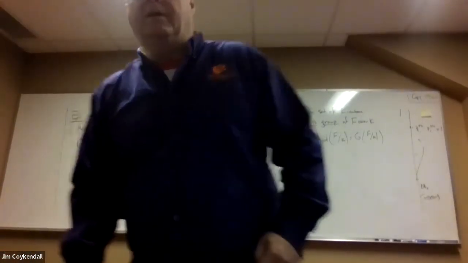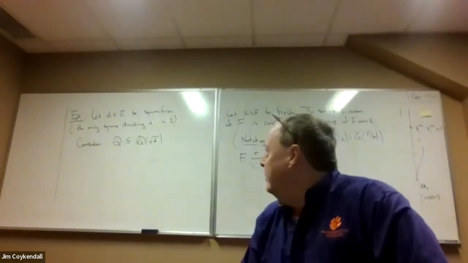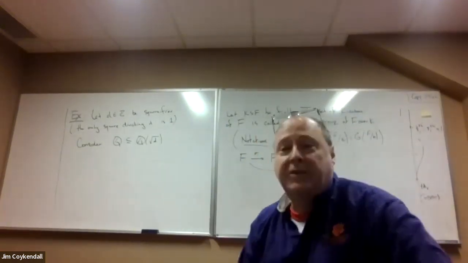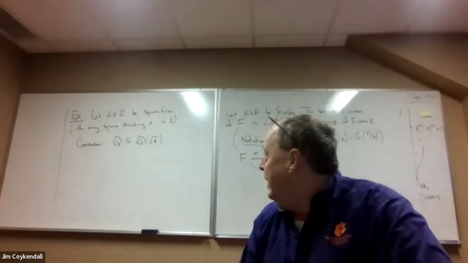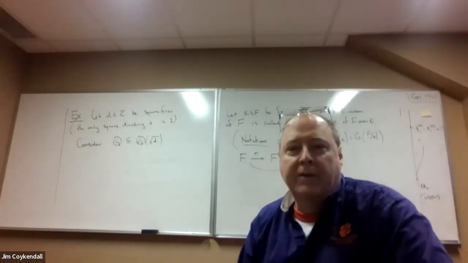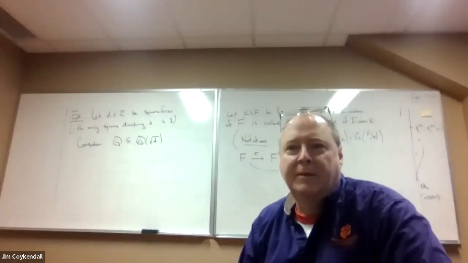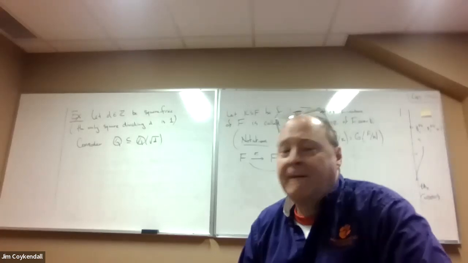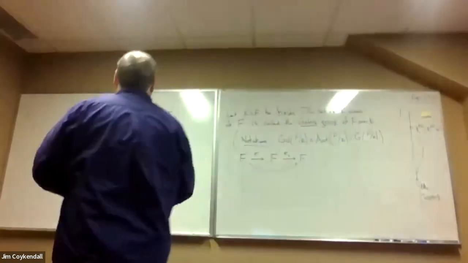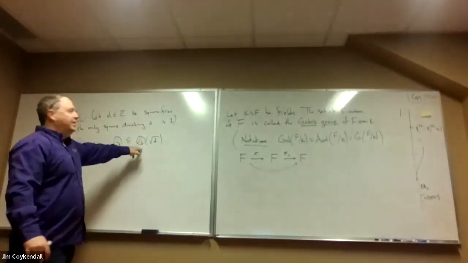By the way, anybody want to take a guess, now that I've got the example started up with Q inside Q radical D, why do we care that D is square free? Anybody want to venture a guess? Well, I'll put this extension here to be honest.